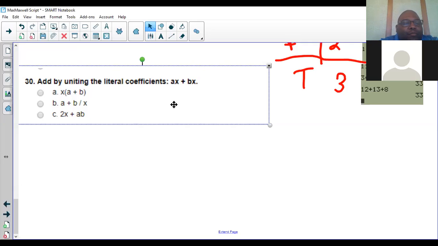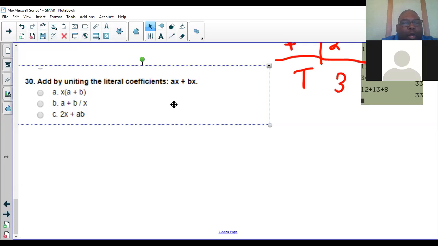To just add together ax and bx. So that's what they're saying, but what they want you to find is, they're really asking this question: which option, A, B, or C, are similar or equivalent coefficients or equivalent expressions?